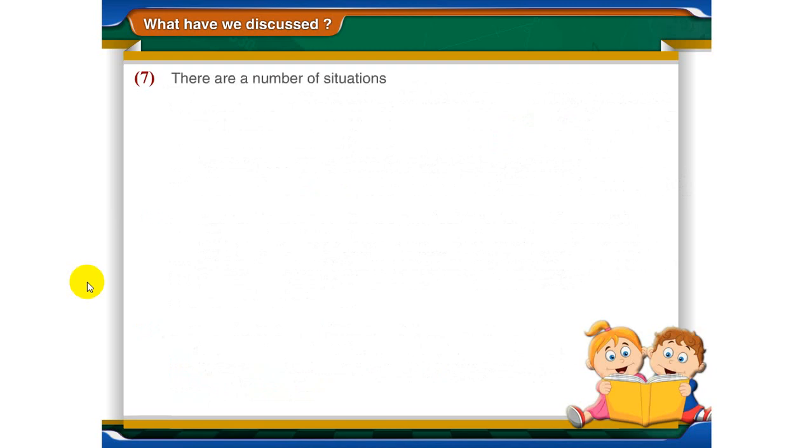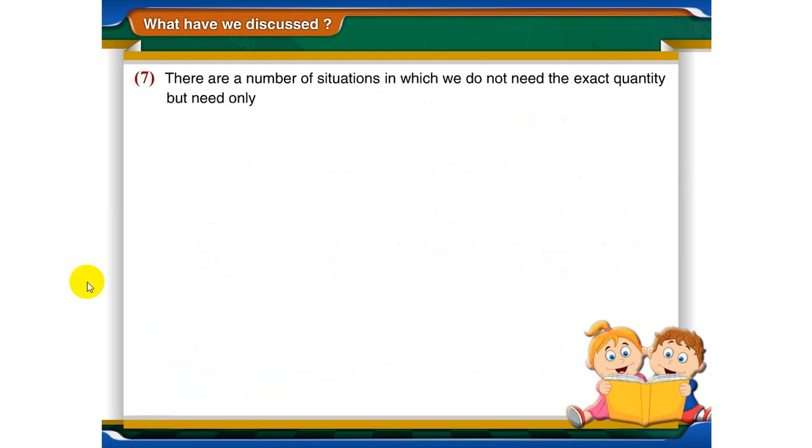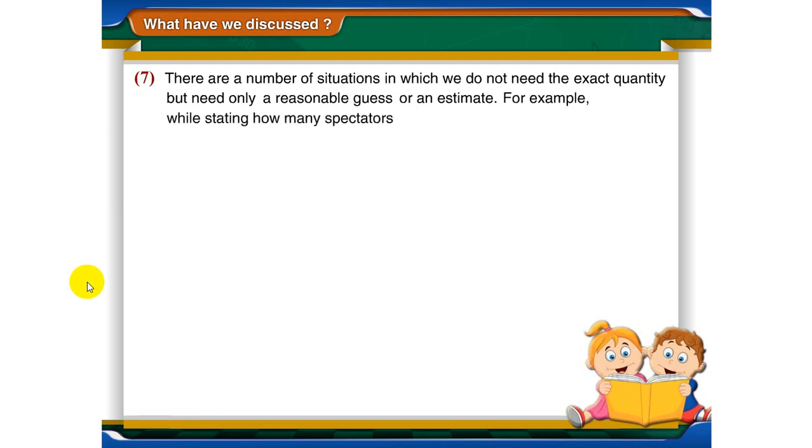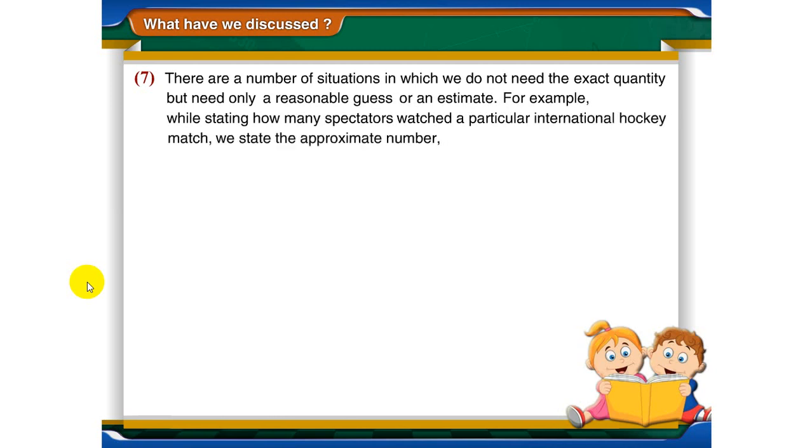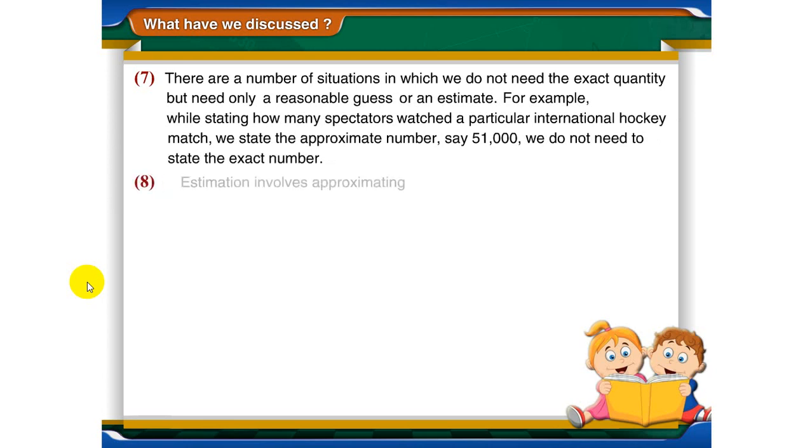7. There are a number of situations in which we do not need the exact quantity but need only a reasonable guess or an estimate. For example, while stating how many spectators watched a particular international hockey match, we state the approximate number, say 51,000. We do not need to state the exact number. 8.